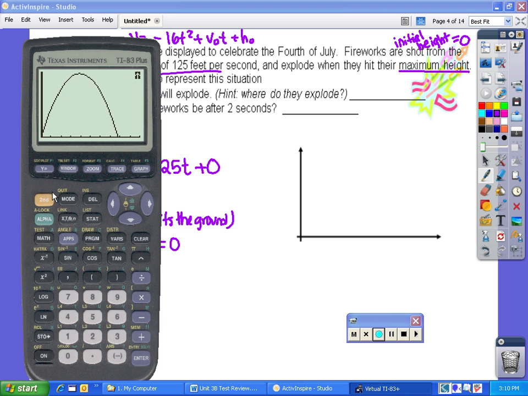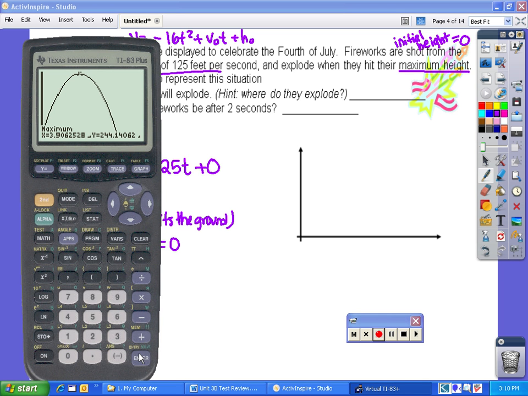Alright, let's find our vertex. And it's saying that y is at 225, so it's already up there. I don't have to really move it too much. So I'll go to the left, go to the right, and press enter again.